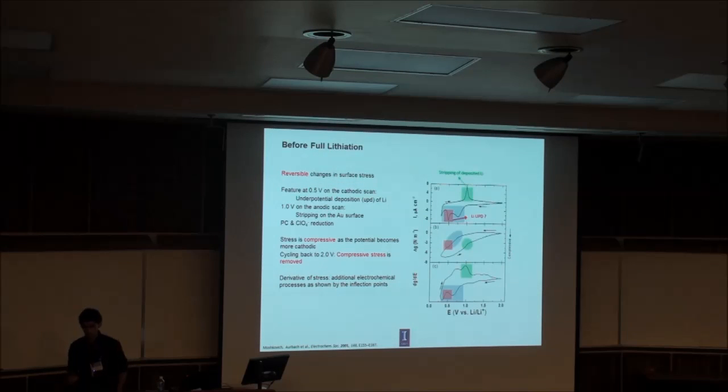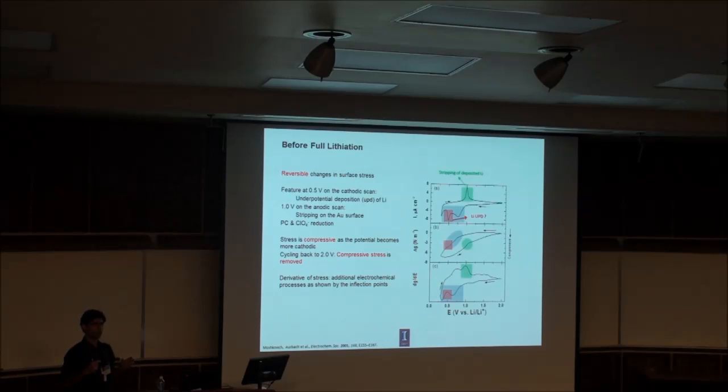The system we chose to study this effect was gold, which for us was a model system for an anode material in lithium-ion batteries. What you can see here is a cyclic voltammetry. We are cycling from 2 volts and going to more cathodic, lower potentials.